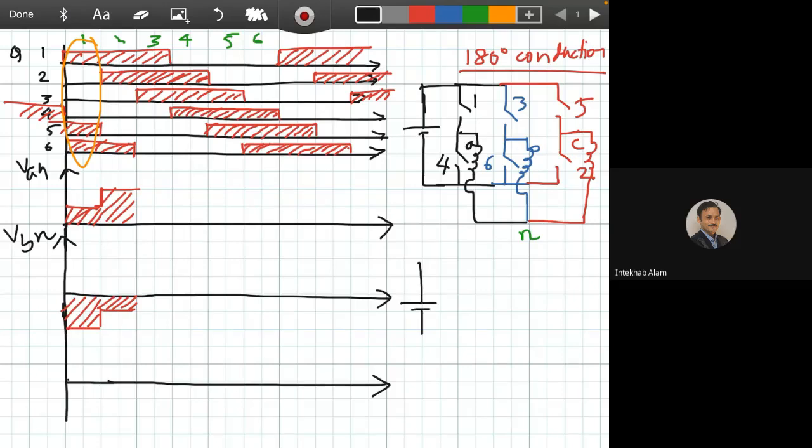1 and 3 are from the upper bank, so we'll draw 2 switches in the upper side, and you will draw 1 switch in the lower side.